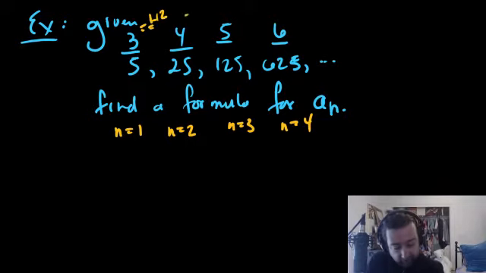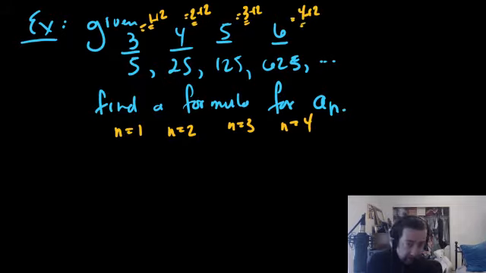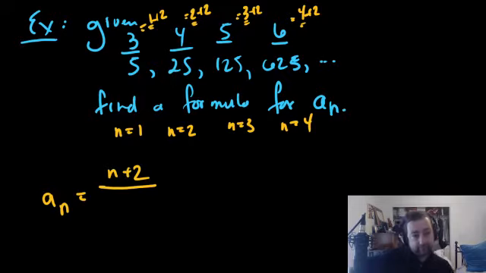And 4 is 2 plus 2, where there's the index n right there. And this is 3 plus 2. And this is 4 plus 2. So I'm going to guess that there's probably an n plus 2 in the numerator of this pattern. Because the idea of these formulas is to relate the index to whatever you're seeing happen in the terms.